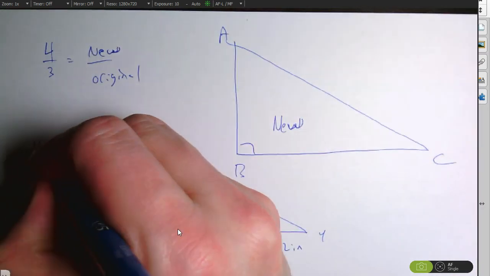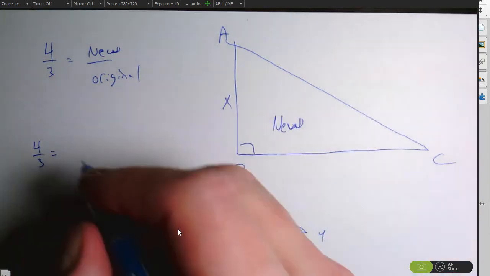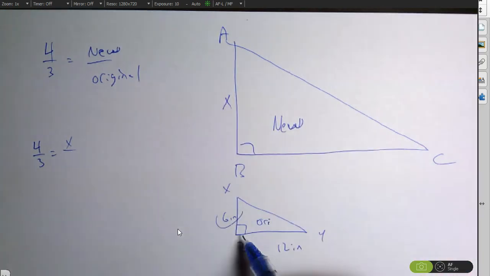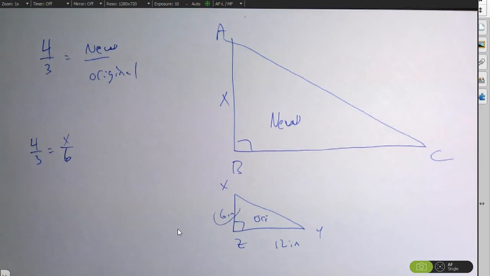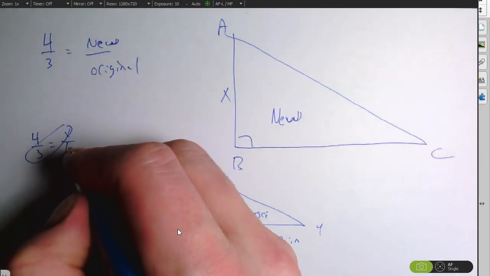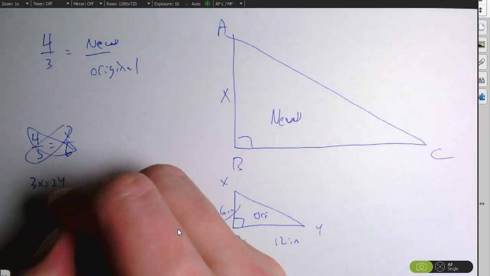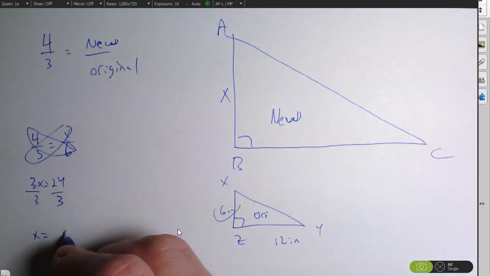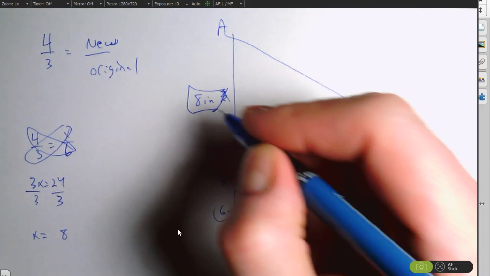So 4 over 3 equals unknown, call this one x, over its corresponding side, which is 6. So now I can cross multiply. 3x, 4 times 6. 3x is 24, divide by 3. x is 8. So this side here would be 8 inches.